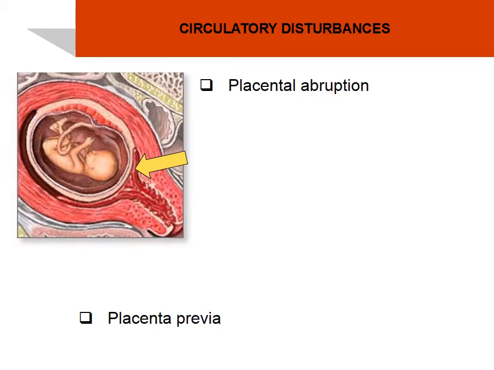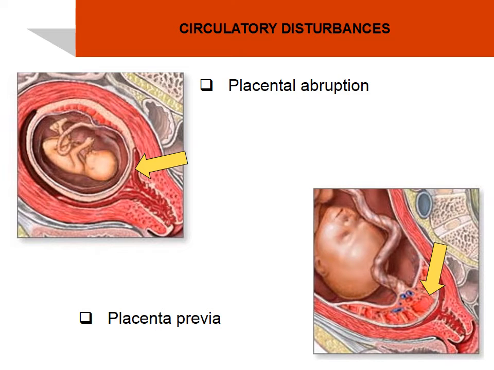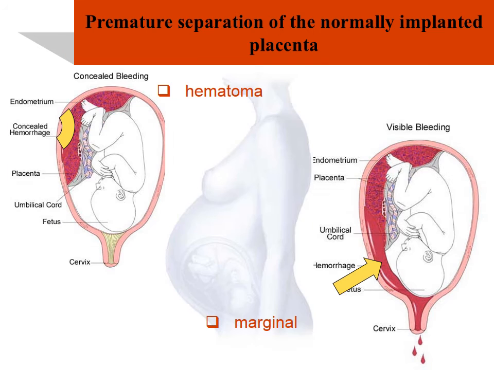Another reason for circulatory disturbance is placental abruption, or normally implanted placenta preterm separation, and placenta previa. Abruption is the premature separation of normally implanted placenta before delivery of the fetus, with blood collecting between the placenta and the uterus. It is one of the most important causes of antepartum hemorrhage.